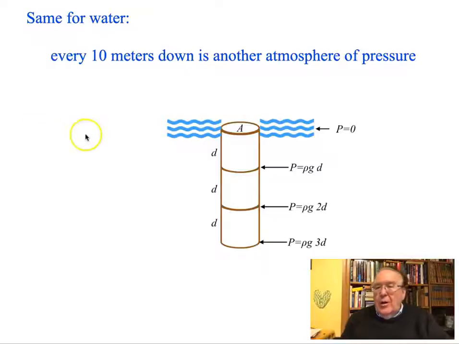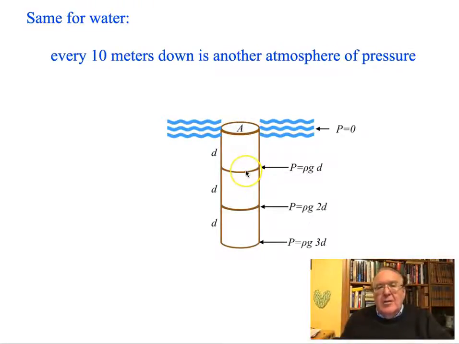Now, same thing works for water. Suppose you have a surface of water here, and say the pressure is 0 there. I mean, atmospheric pressure it would be actually. Every distance you go underwater, say at distance d, the pressure increases by the density of the water times the gravitational acceleration, which gives you the force, times the depth d, because the depth measures how much water there is above you.